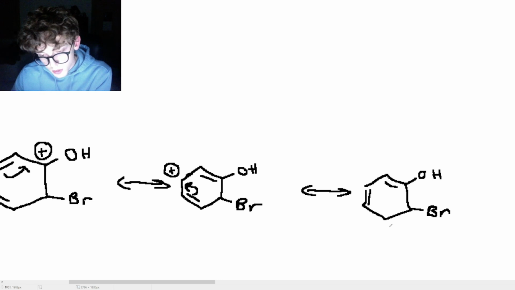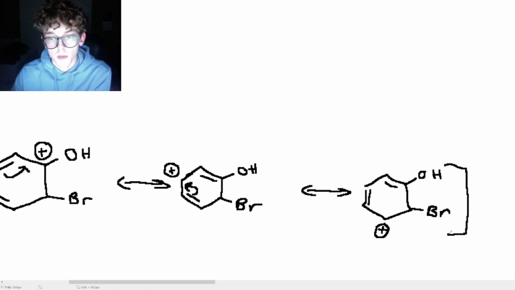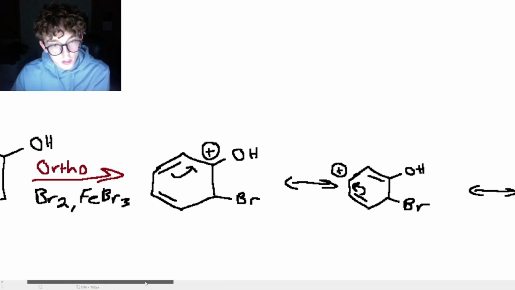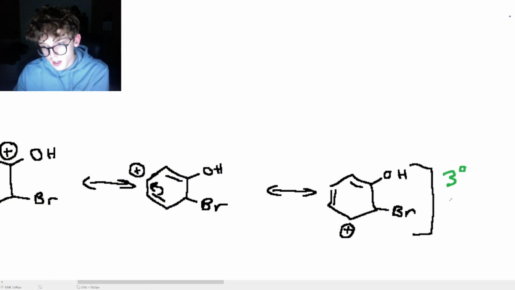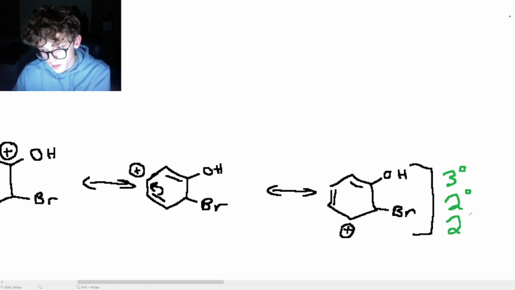All right, so with the ortho attack, let's do a little bit of counting. Our carbocations, how much of each did we make? We made a tertiary carbocation, so I'll just draw a 3 degree here. And then we have a secondary and another secondary.